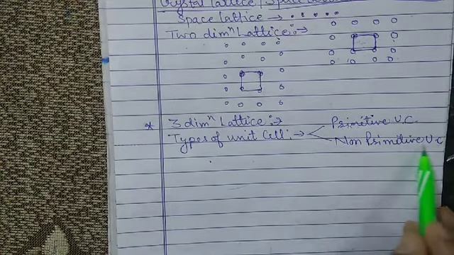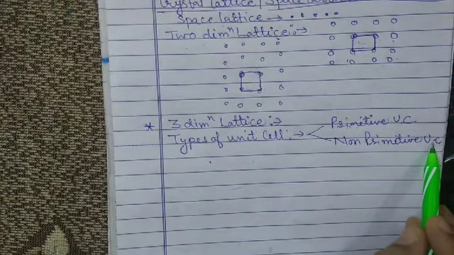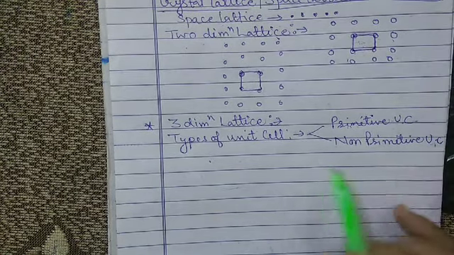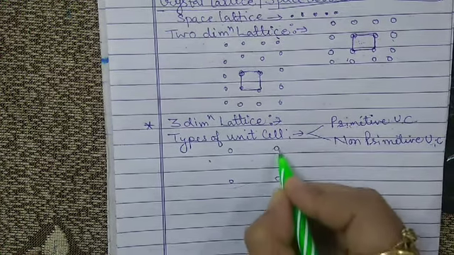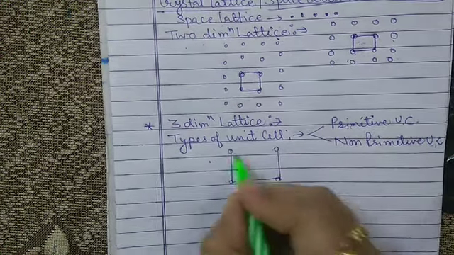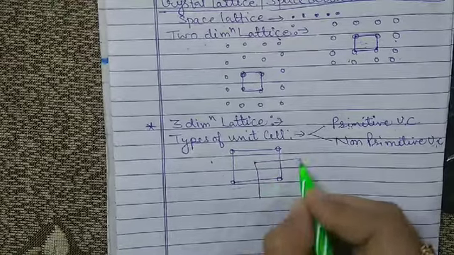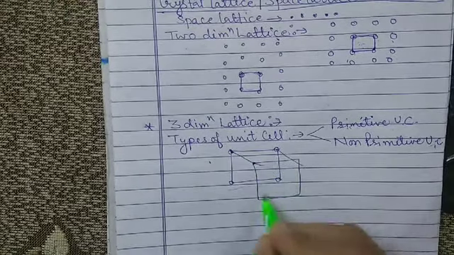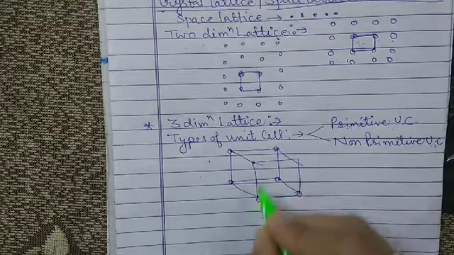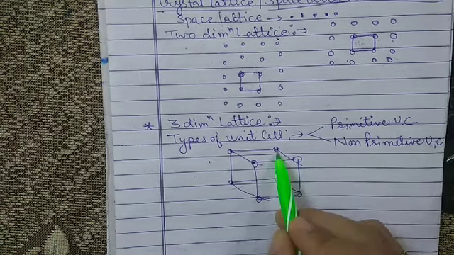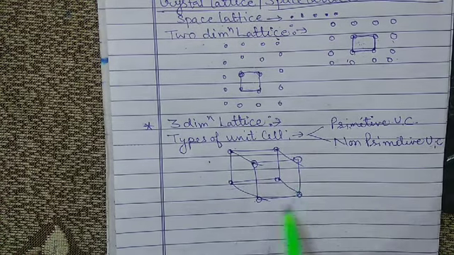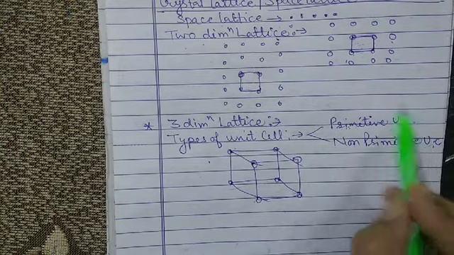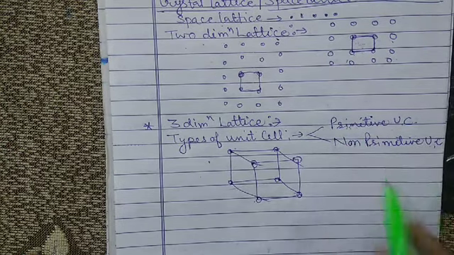In case of the non-primitive unit cell, it means the particles are present at the corner. These are the corners. If the points, which are also called the particles, are only at the corner, that type of unit cell is known as the primitive unit cell.